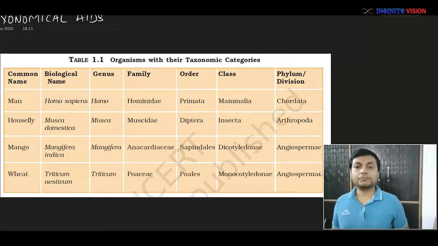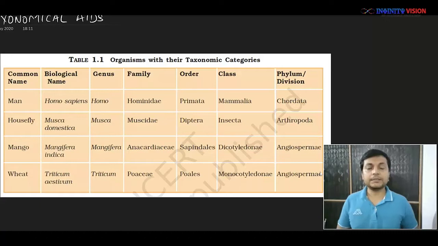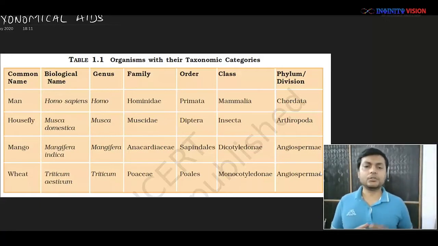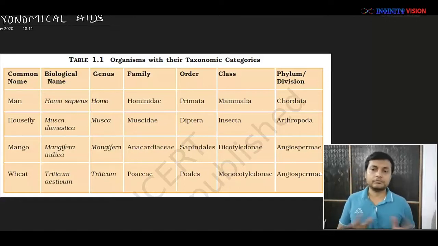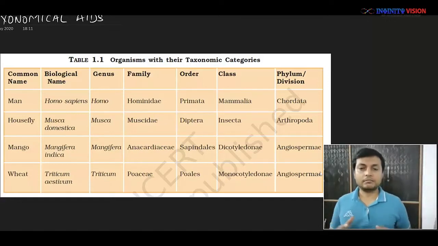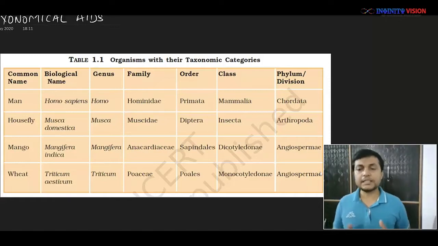It's pretty simple, but all of you who are targeting NEET, I would advise you to take a good look at this table and try to memorize the phylum or class or division of all these 4 organisms. It is useful because all the data given in the NCERT book is important for us. So let's see one by one.